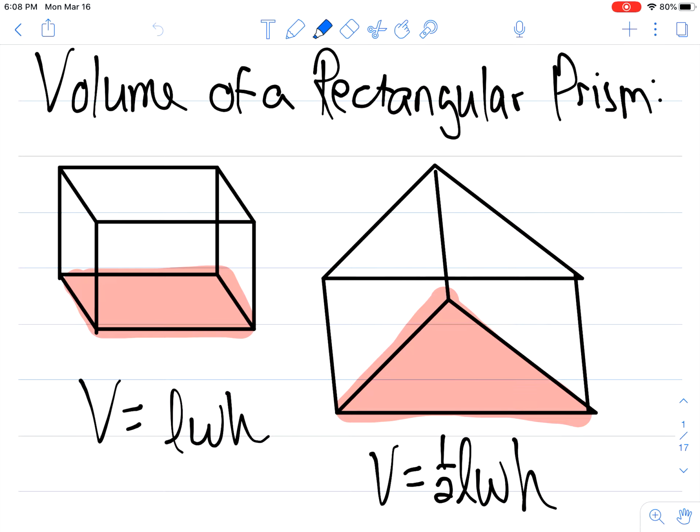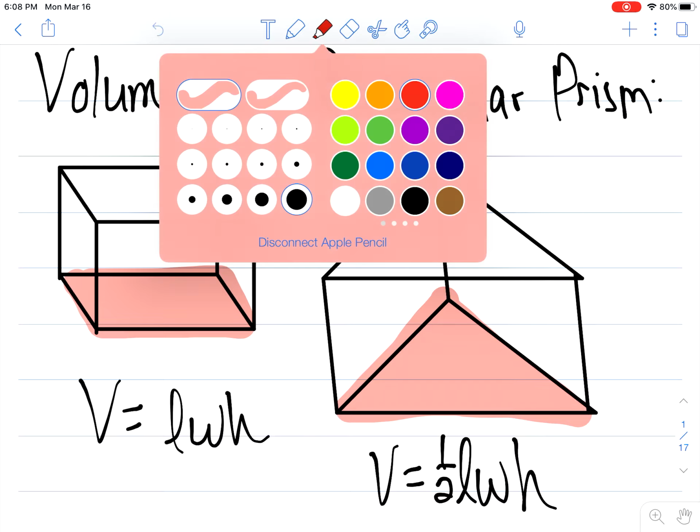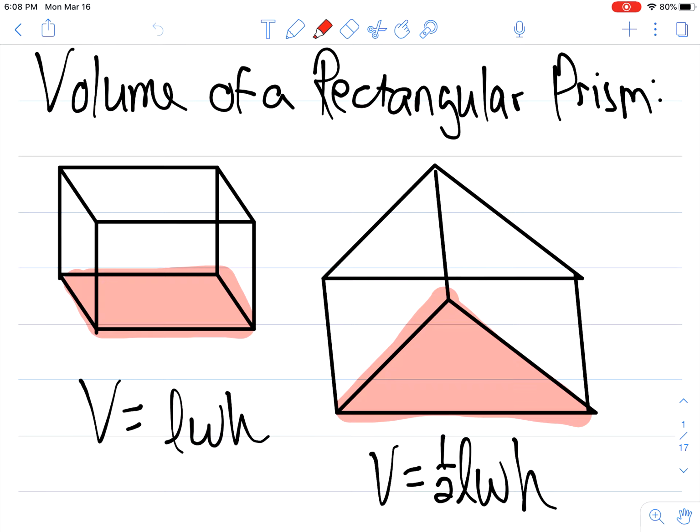If you notice, I shaded a face of each one of the figures. Just to refresh yourself, a face is a flat surface of a shape. In each case, the flat surface that I highlighted was the base of the shape.